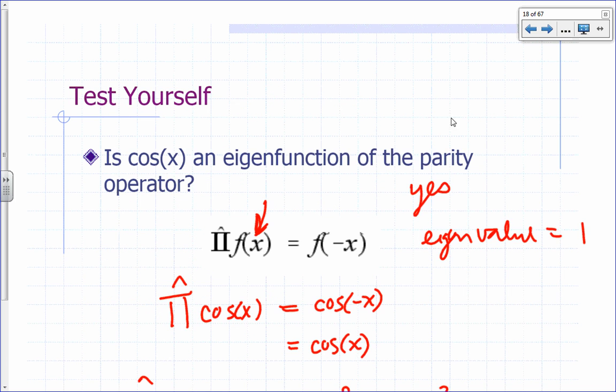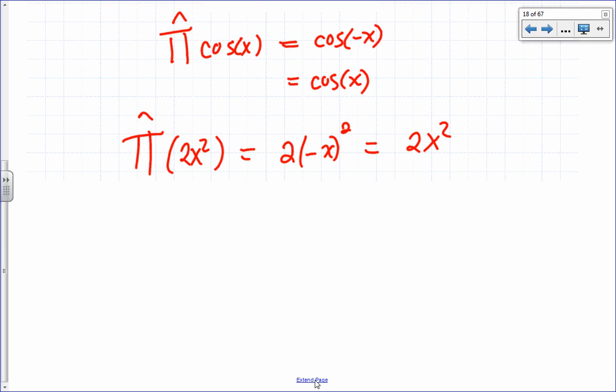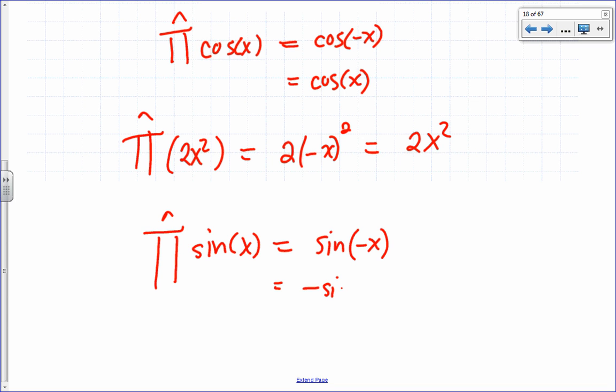What if you have an odd function? Sine x is an example of an odd function, right? The parity operator operating on sine x would give you sine of negative x. So what is sine of negative x? Negative sine x.